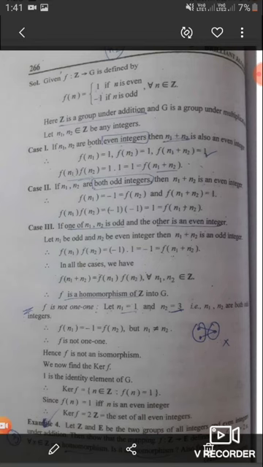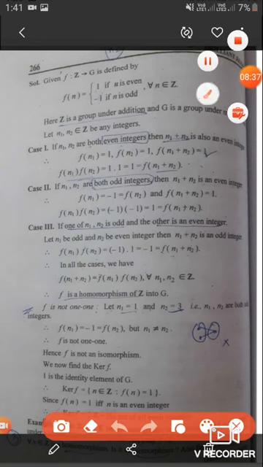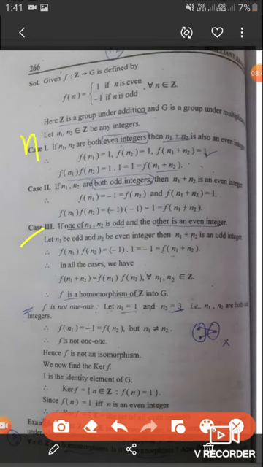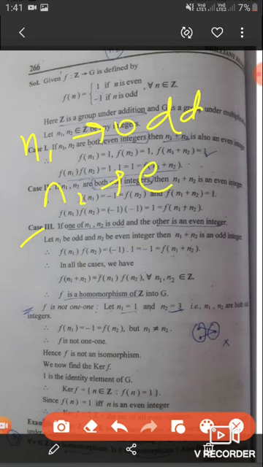Now let us take the third case, that is when one of the integers is even and the other is odd. Now let n1 be an odd integer and n2 be an even integer.